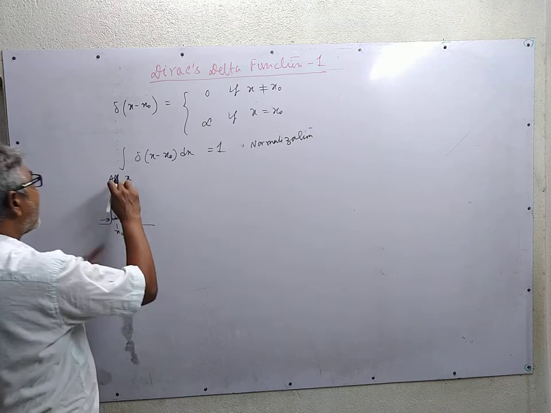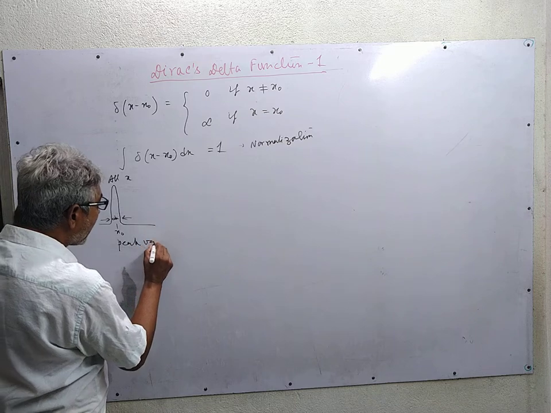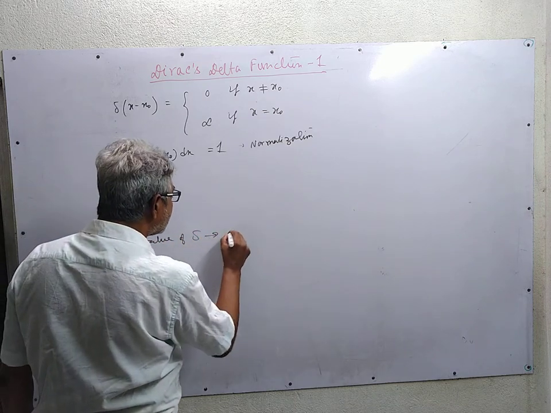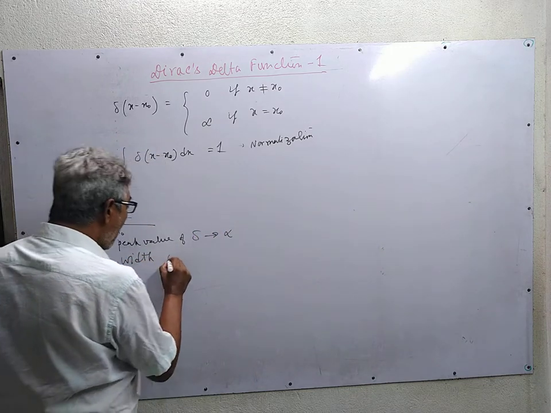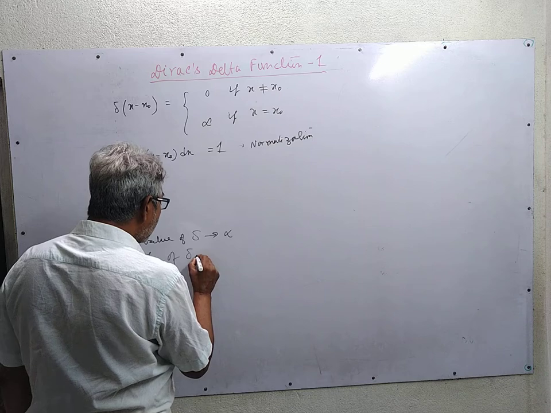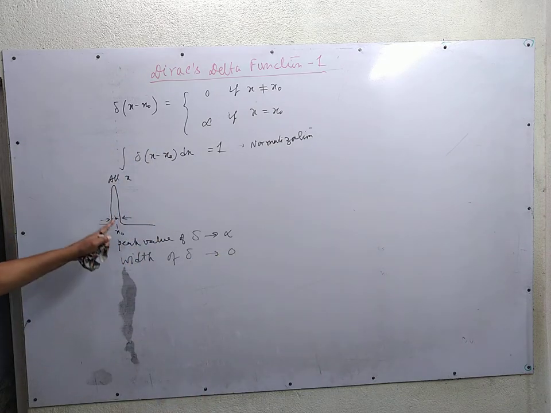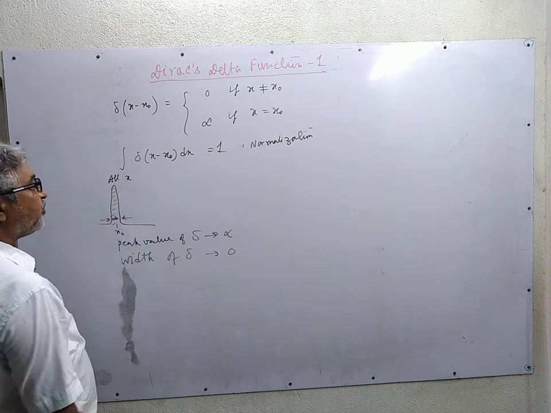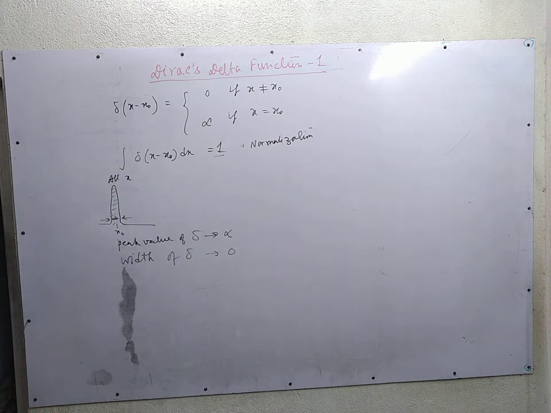So the peak value of the delta function tends to infinity, and the width of the delta function tends to 0, so that the area under the curve is finite. The area under the curve is finite and is taken to be 1. This is the normalization condition.